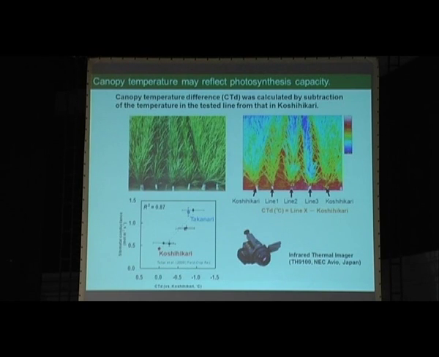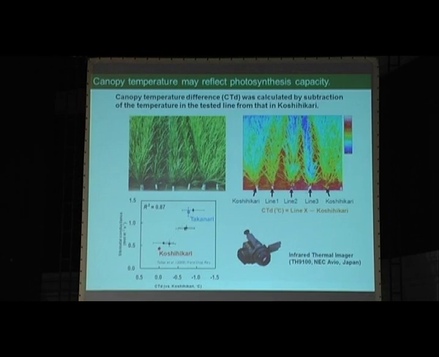Therefore, it also could become an indirect index of varietal difference of leaf photosynthesis in rice, even under well-watered conditions. In fact, a certain level of correlation between stomatal conductance and canopy temperature difference is recognized among rice varieties, and Koshihikari and Takanari are located on both sides of the graph.